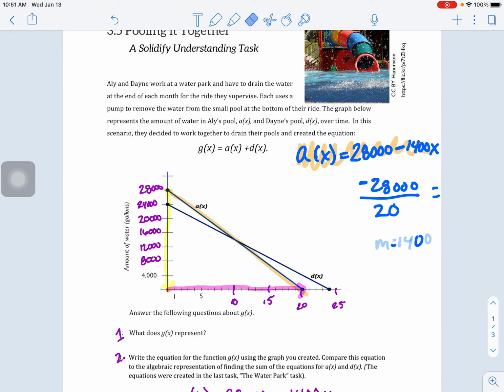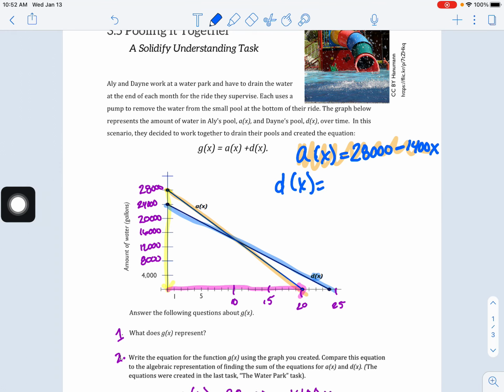Then we had to do the same thing for Dane. I feel like I highlighted him in blue when we did this lesson. He's d of x. d of x starts with how much water? He starts with 24,000 gallons, so that's my y-intercept. Then we find his slope.